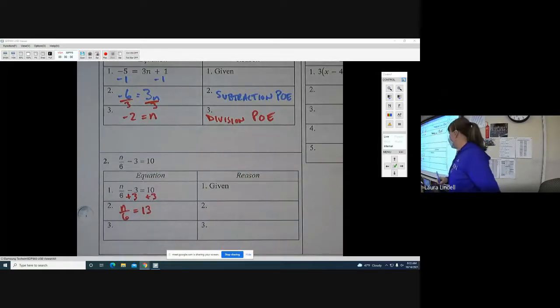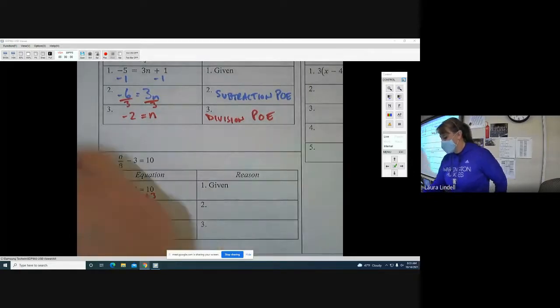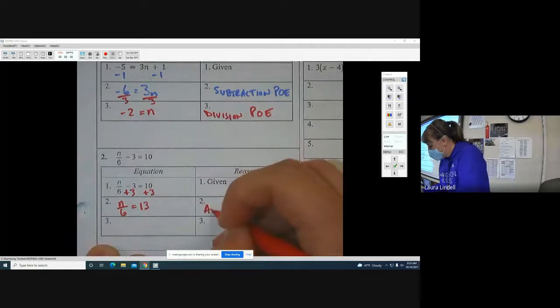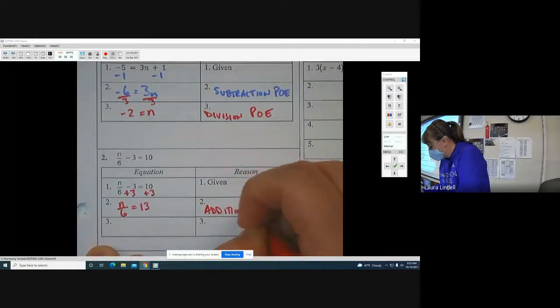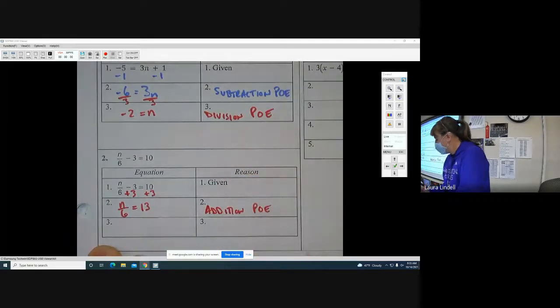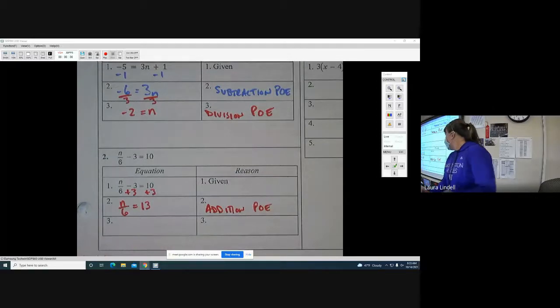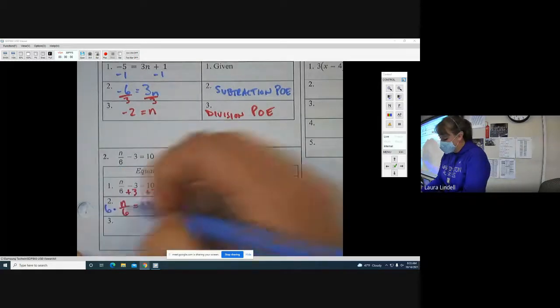And since I added 3 to both sides, what property is that? Addition. All right. What's the next step? Multiply both sides by 6.